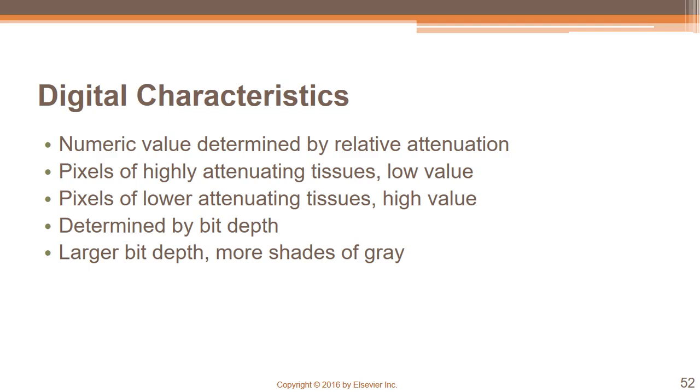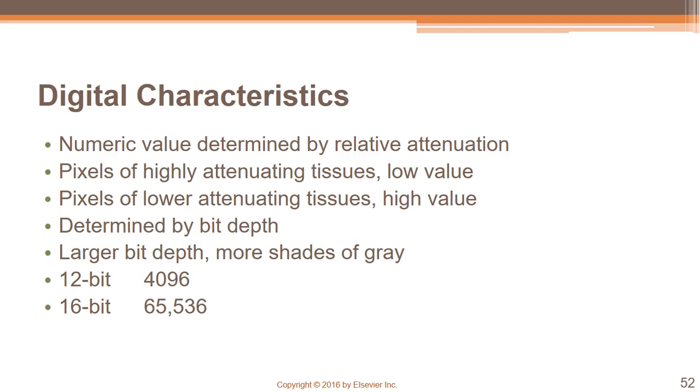A larger bit depth allows a greater number of shades of gray to be displayed on a computer monitor. For example, a 12-bit depth can display 4,096 shades of gray, but a 16-bit depth gives you 65,536 shades of gray.